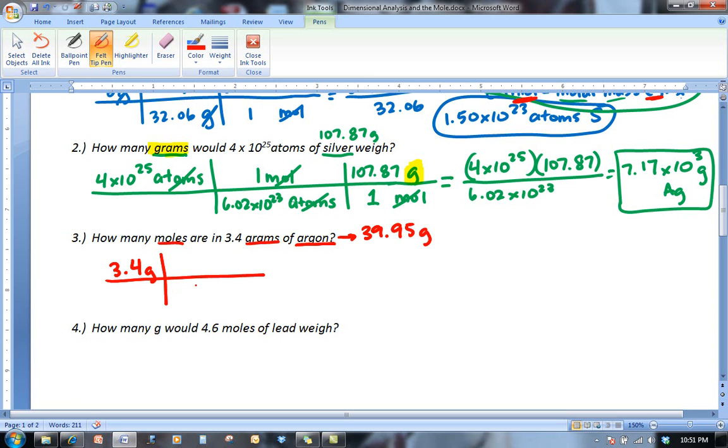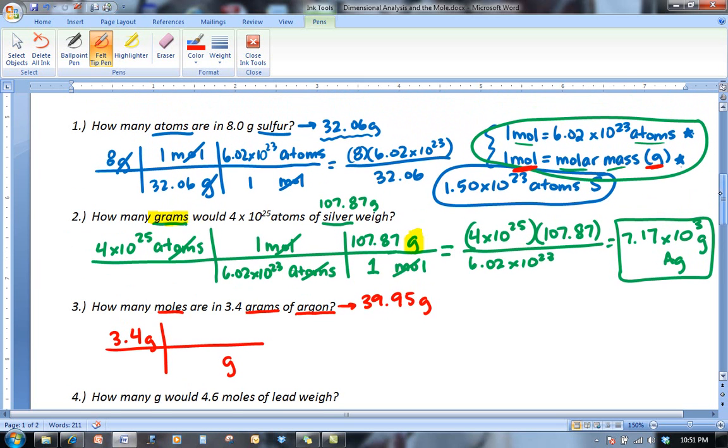Draw your lines, denote your unit, and I'm going to scroll back up here so that we can see our equations. We denoted grams, and we can go from grams to moles. So I'm going to put moles on top. And lucky us, that's exactly what we're looking for in our problem. So once I fill in the numbers, I'm done with my grid.